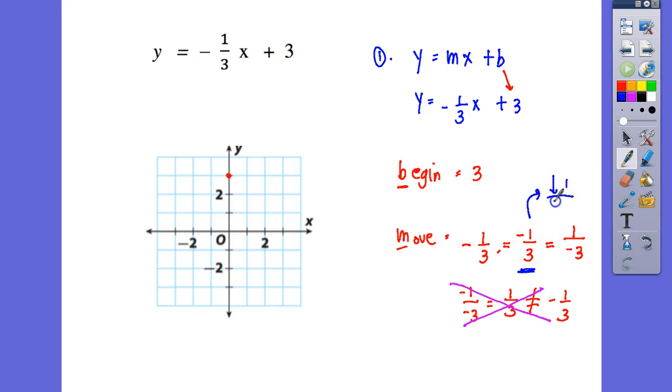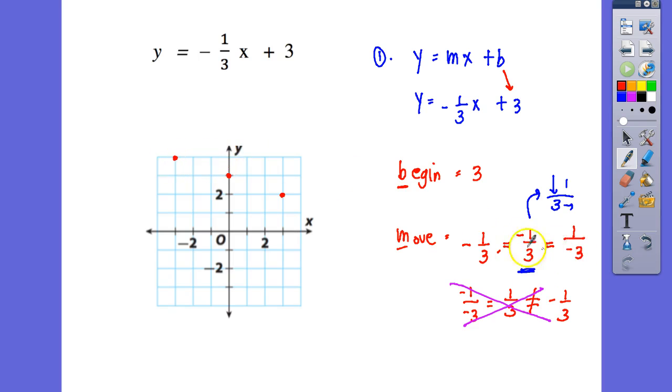I'm going to say down 1 and then 3 to the right. So from my starting point, my b value, I'm going to go down 1 and then 3 to the right. 1, 2, 3. There. Those are my 2 points. And then I can apply another point here if I do 1 up and 3 to the right. 1, 2, 3.